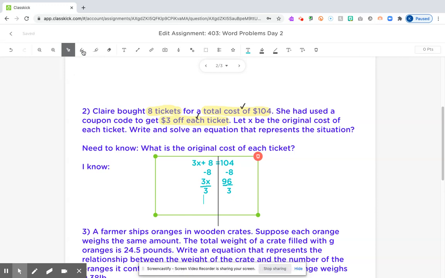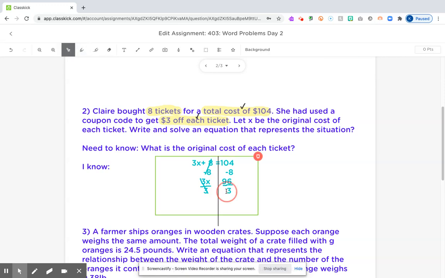Now, my 3's make a 1 pair, or excuse me, sorry. That gives you 1. We do not write a 1, okay? We just bring down our x. There is no reason to write a 1. This up here, sorry guys, these -8 and +8 make your 0 pair. That's how you get rid of your 8.